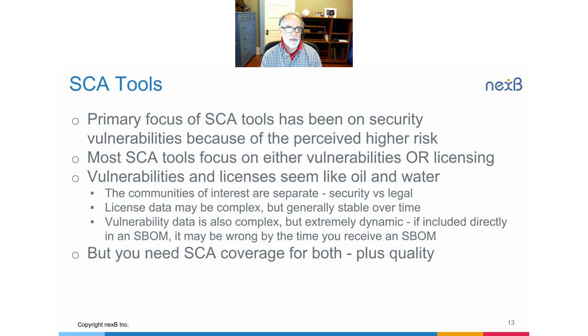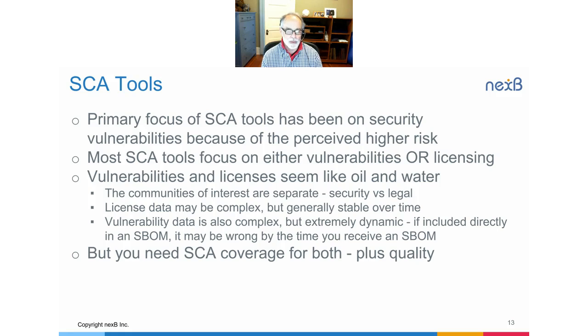One of the challenges we see is that most of the tools focus on one or the other. So it seems a little bit like oil and water, which kind of makes sense because they're very different communities. Security engineers, application security people, it's a very technical discipline, and it goes well beyond SCA. So what we're talking about here for software vulnerabilities is only part of the cybersecurity profile you need to have.